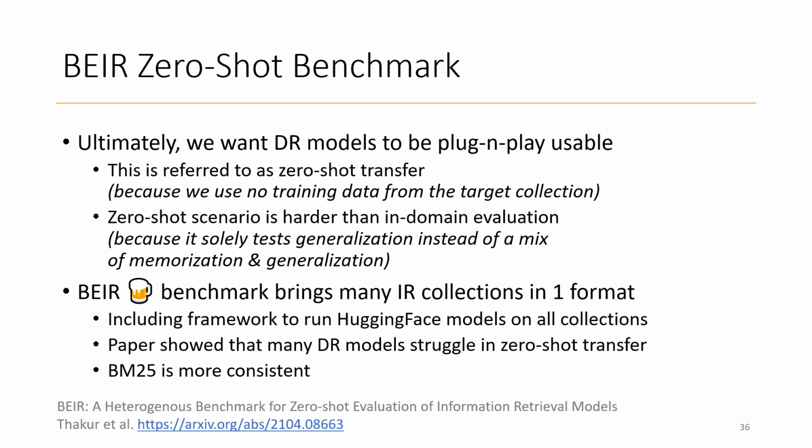So now we can evaluate a large number of collections at the same time. And the paper showed that many dense retrieval models struggle in zero-shot transfer learning, and that BM25 is more consistent.